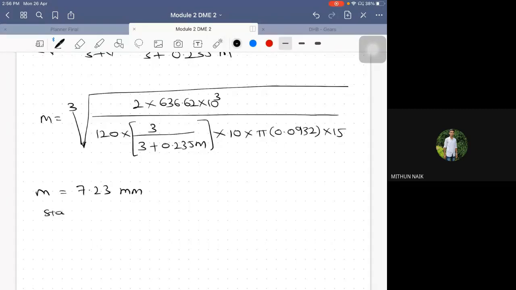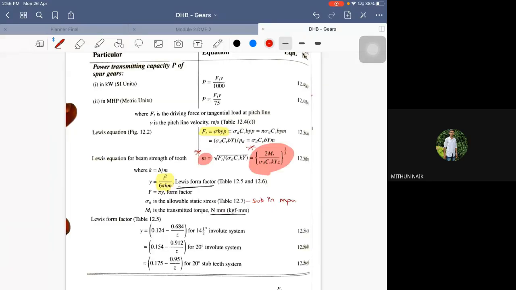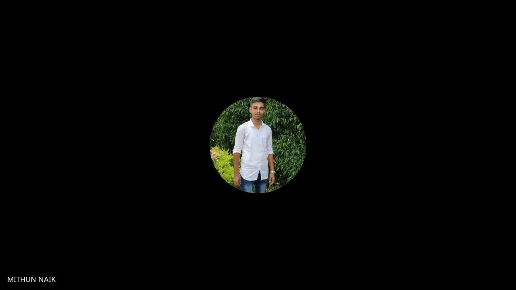Standardizing the obtained module using table number 12.2, which is on page number 229. Okay, just go for that table number.